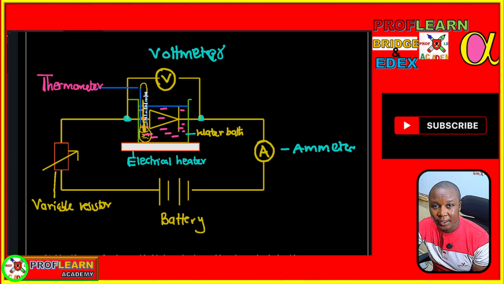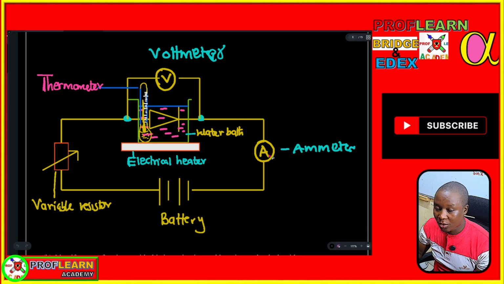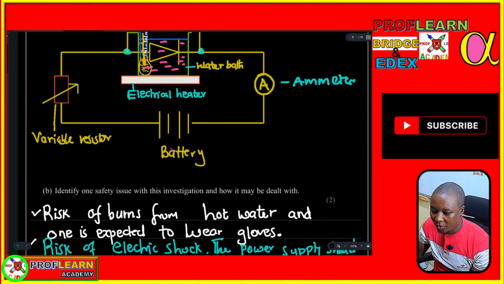Also, don't forget that we were looking at the idea of conductivity, right? So we include the ammeter, which is always connected in series with the other component, and a voltmeter which is always connected in parallel to the component where you have to measure the voltage.